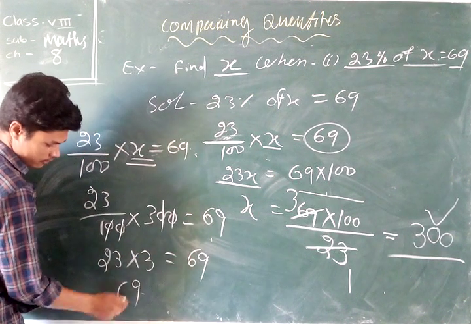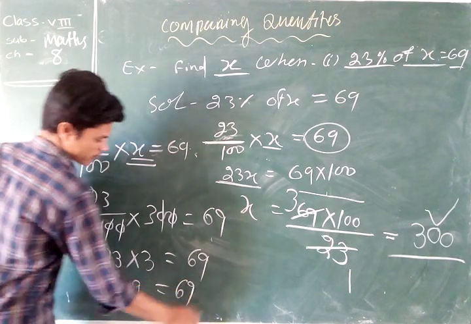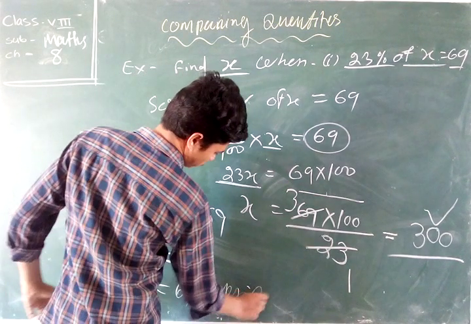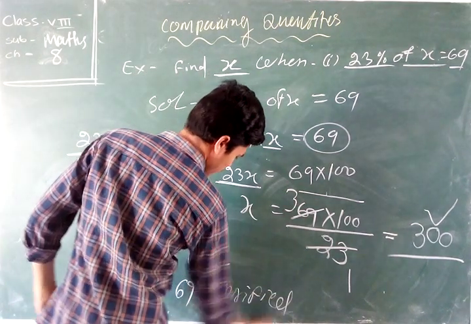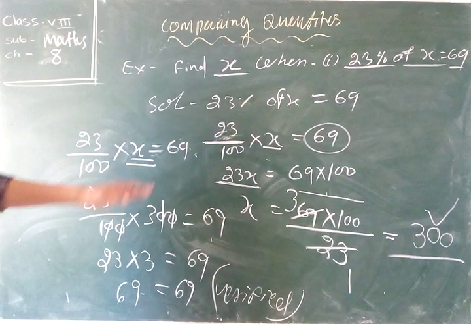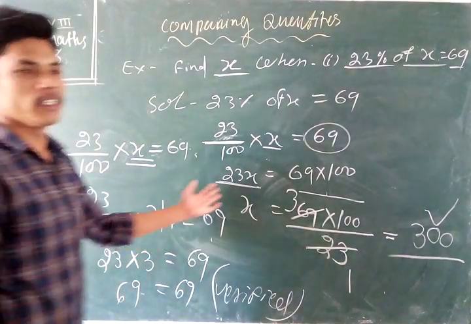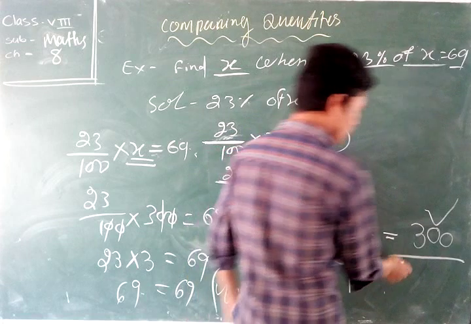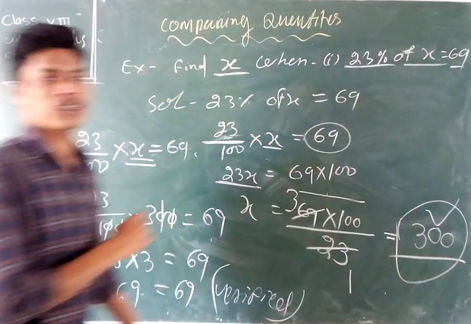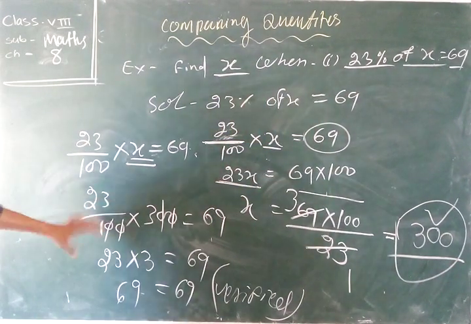Here 69 equals 69, verified. Then our answer is correct. You can check yourself; no need to ask anyone. If you find LHS equal to RHS, your answer is correct.